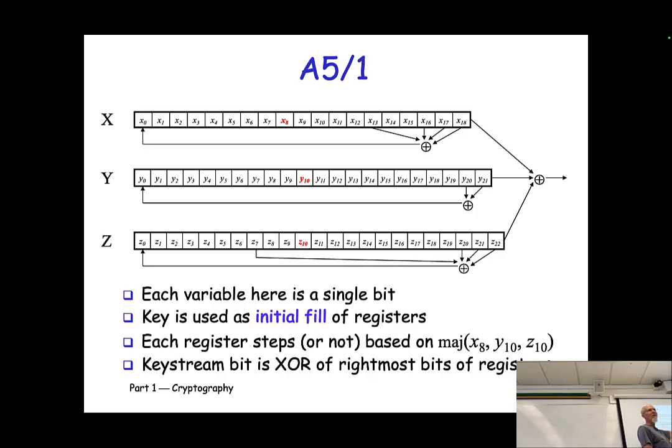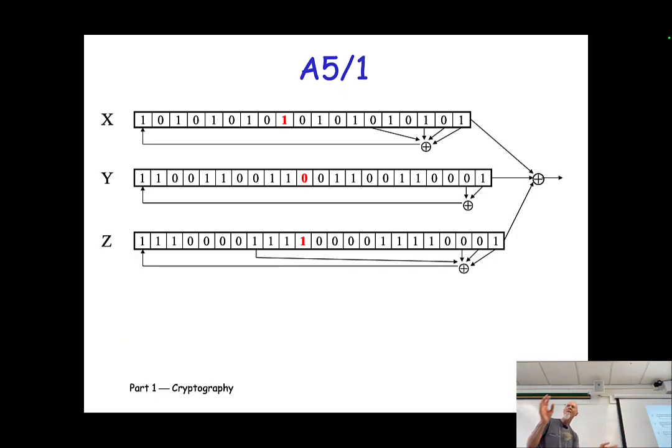If it's not in the majority, it just stays. Nothing changes. And you do that for each of the registers. When you're done, take those 3 bits at the rightmost edge and XOR them together to get your bit of key stream. For example, suppose at some point in time the registers are filled with these values.